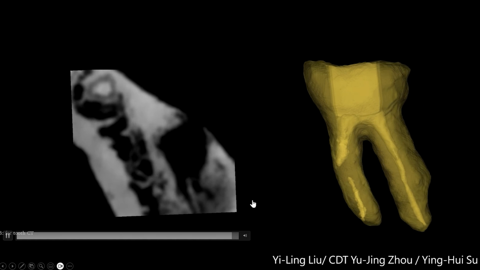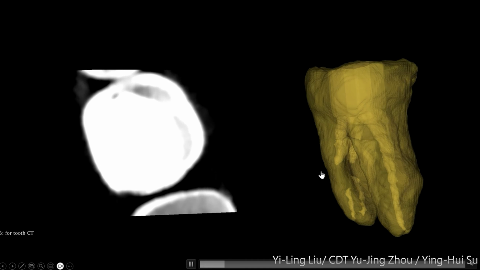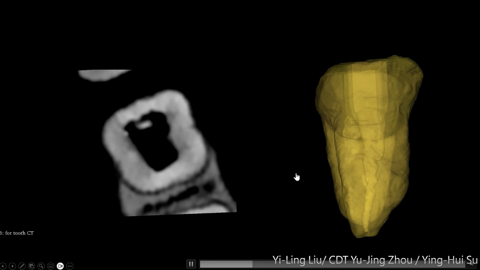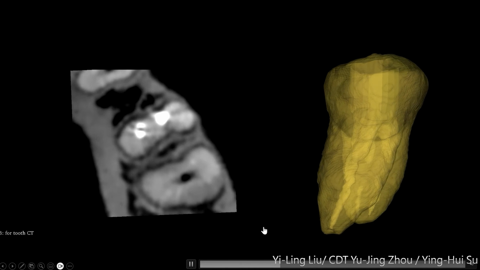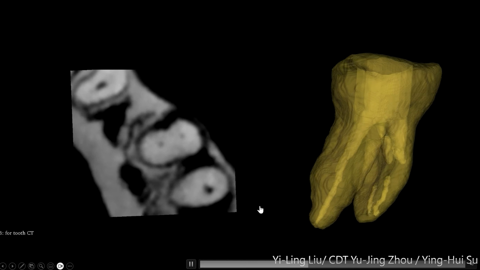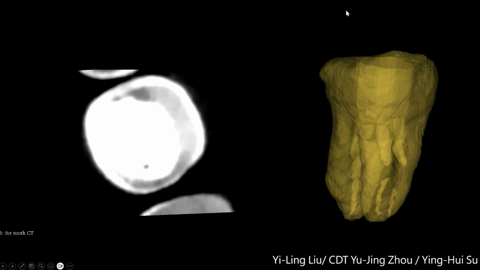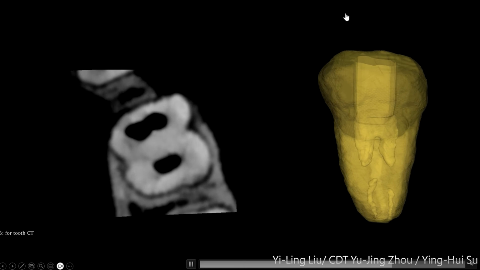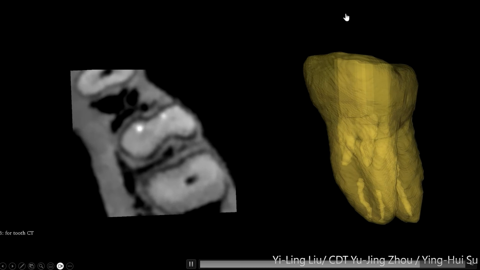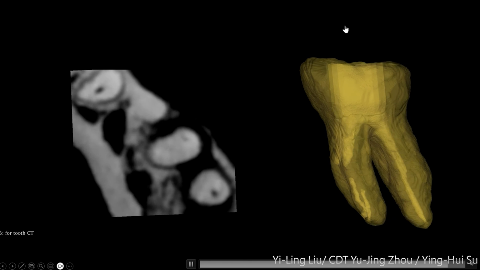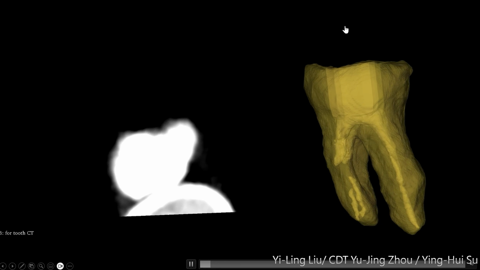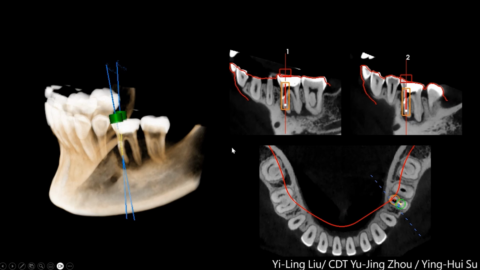But this resident is very smart, and she understood that she was going to perforate it. She stopped and came to me, so we took a CBCT and did this reconstruction to evaluate. After this, we did 3D print treatment planning.